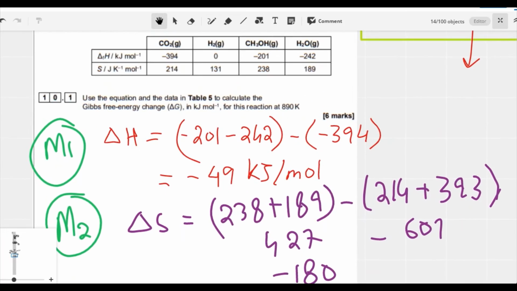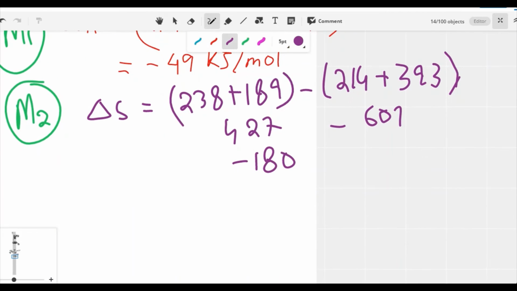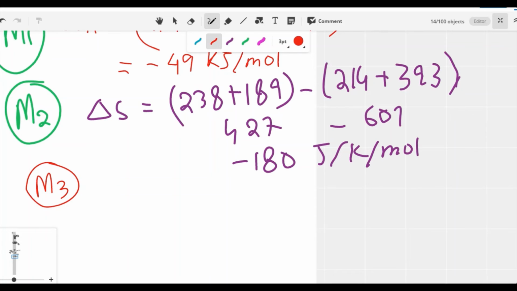But you can see in the table that it is not kilojoule per mole, it is joule per Kelvin per mole. So we need to convert, that is step 3, we need to convert del S into kilojoule per mole. So divide by 1000.